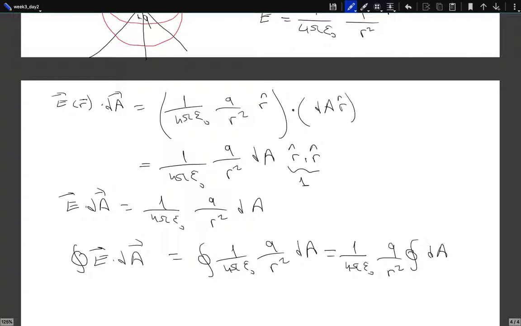Now this dA is the area of one of the patches. And this integral just tells me that I am summing over all these patches. So I'm summing the areas of all the patches making up my sphere. But that will give me the total area of the sphere. What is the area of the sphere? 4 pi r squared.